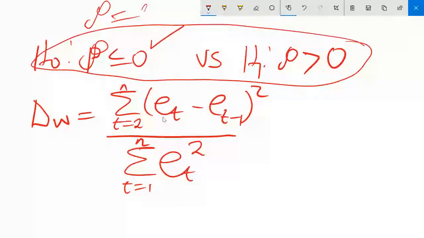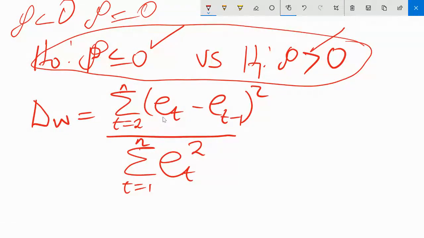So if we fail to reject, there is a possibility that the errors are not correlated. But if we conclude in favor of the alternative, it means the errors are positively correlated. Is it clear? Oh, thank you, sir.